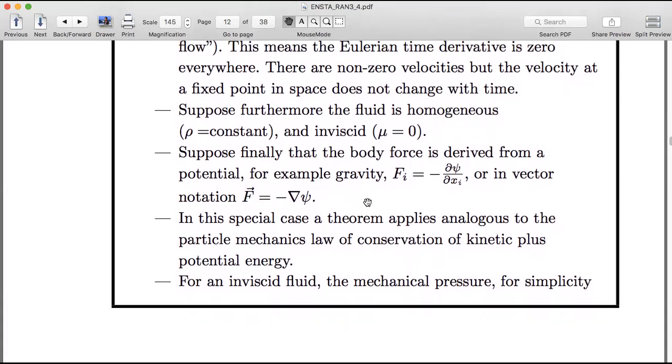And finally, I'm going to assume that the body force is derived from a potential. It could be the gravitational potential, for instance. So my force per unit mass will be minus the gradient of some potential, for example, the Earth's gravitational potential.